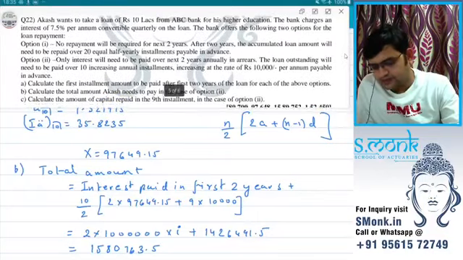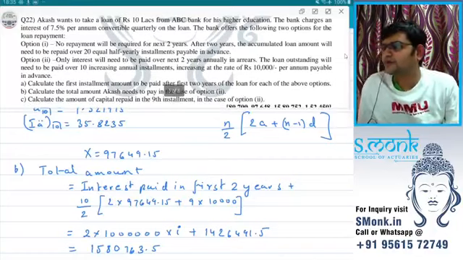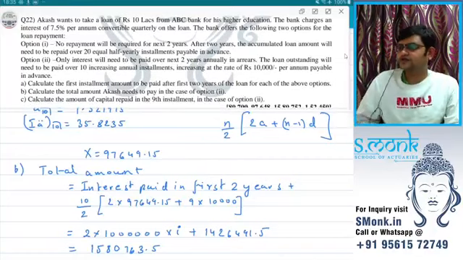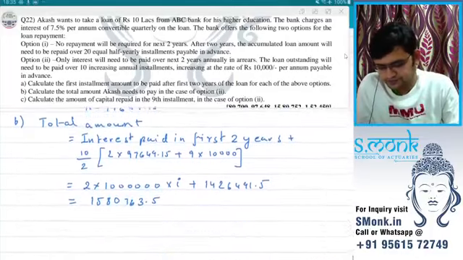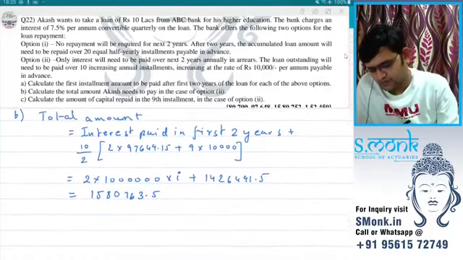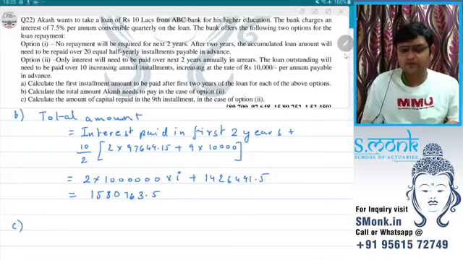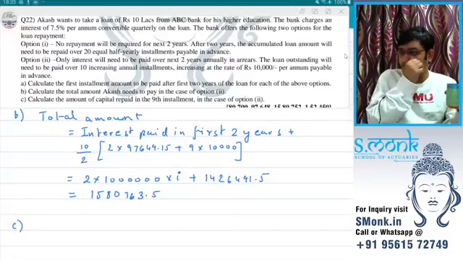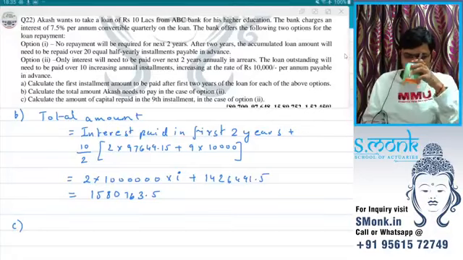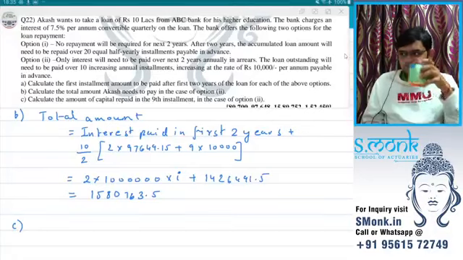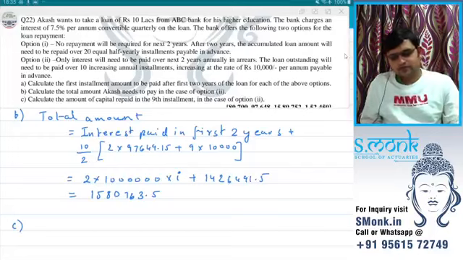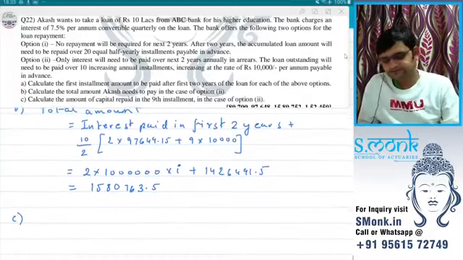Then C part, calculate the amount of the capital repaid in the 9th installment in case of option 2. So in this case, when we do not have a lot of repayments left, here you can see 9th installment. So we would take loan outstanding after 8th installment.